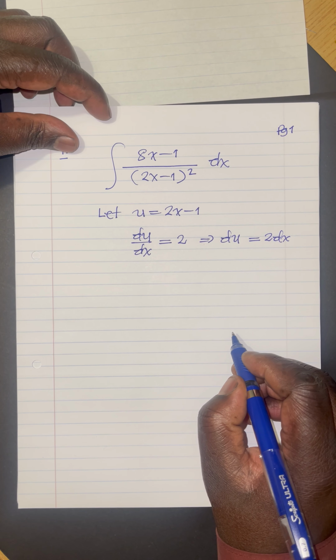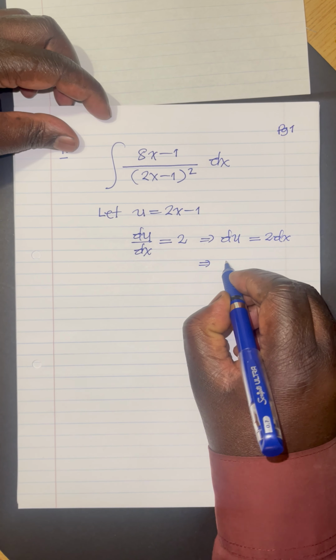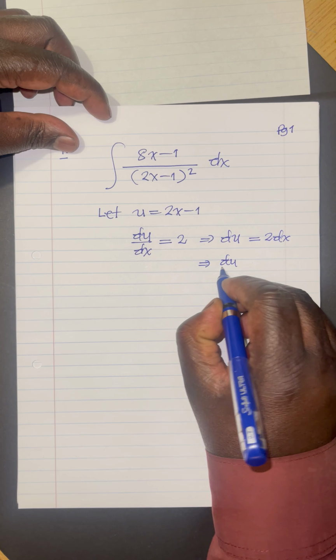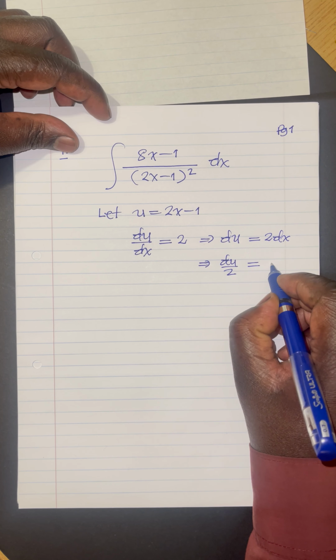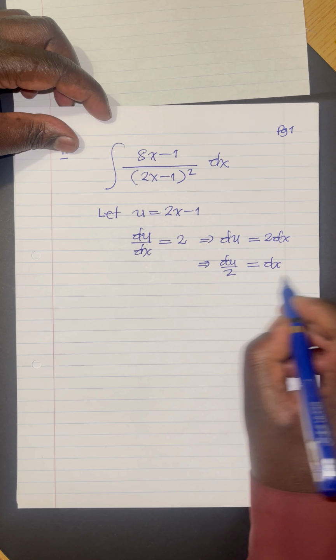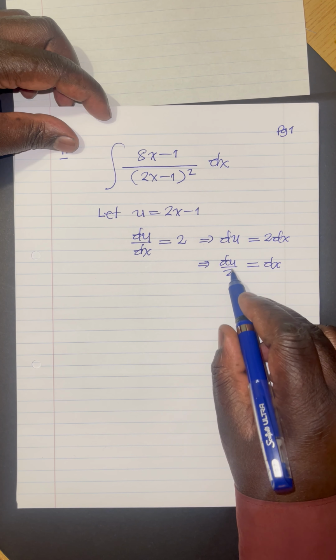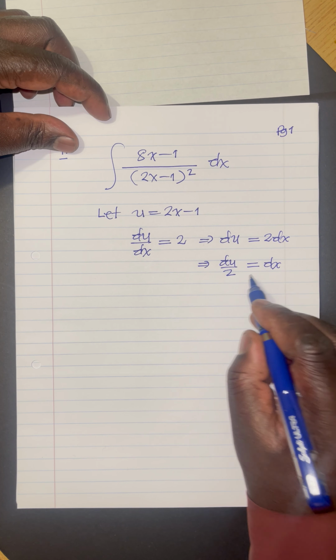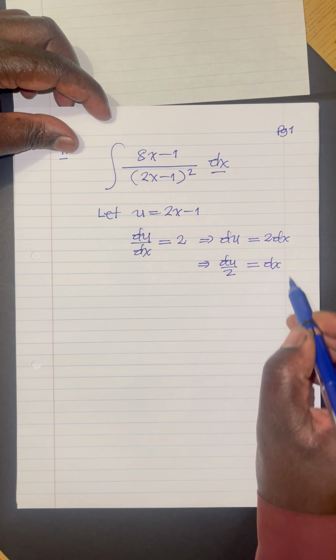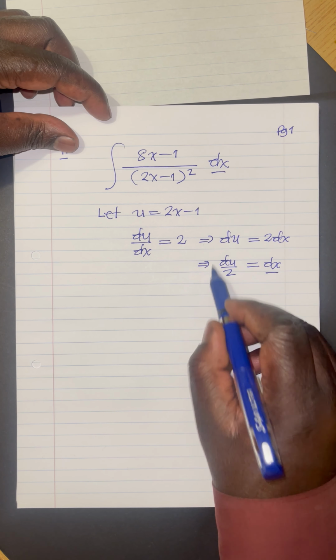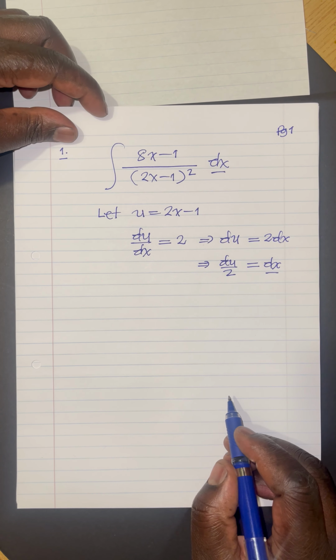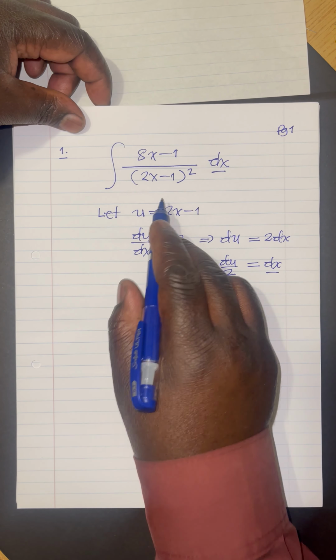Dividing both sides by 2, you'll agree with me that this is du over 2 and this is equal to dx. The reason why I am expressing dx in terms of du over 2 is because if you check here, we have dx, and so it is wise to have dx there, and this expression here will take the place of dx. But now the denominator is taken care of.